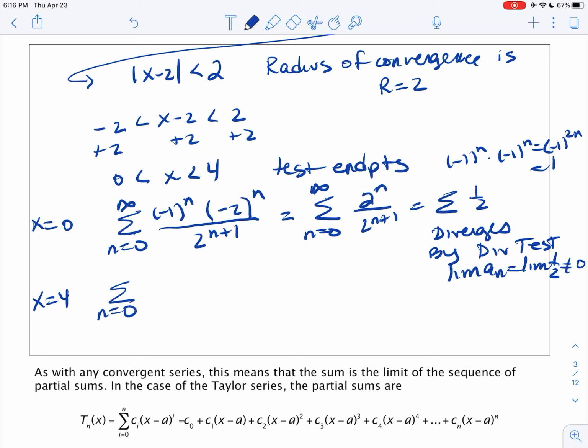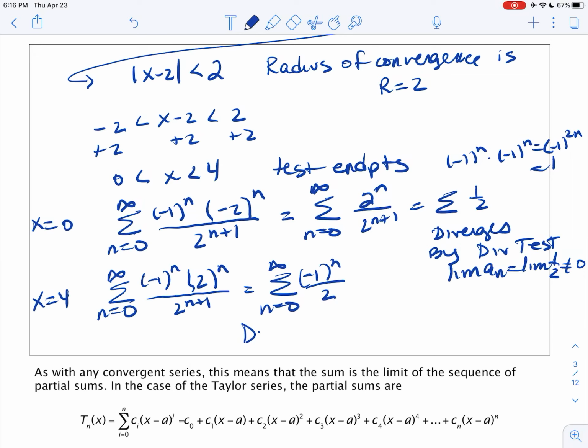And by the very same reasoning, x equal to 4, I am going to get n equals 0 to infinity of minus 1 to the n. 4 minus 2 is 2, over 2 to the n plus 1. That's going to give me n equals 0 to infinity of minus 1 to the n over 2.